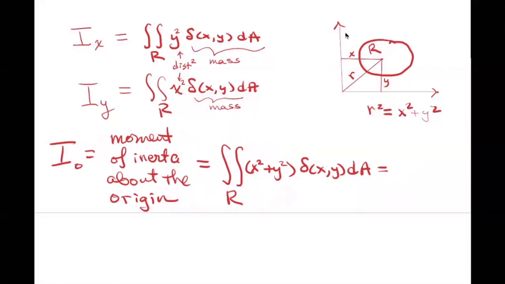So this is actually Ix plus Iy. Super convenient. Little Pythagorean identity there, because you're using distances squared and right triangles. Maybe just a little more labeling, just to make sure everything's clear.